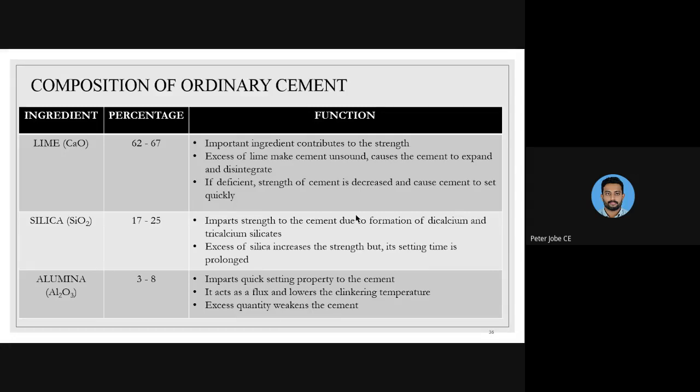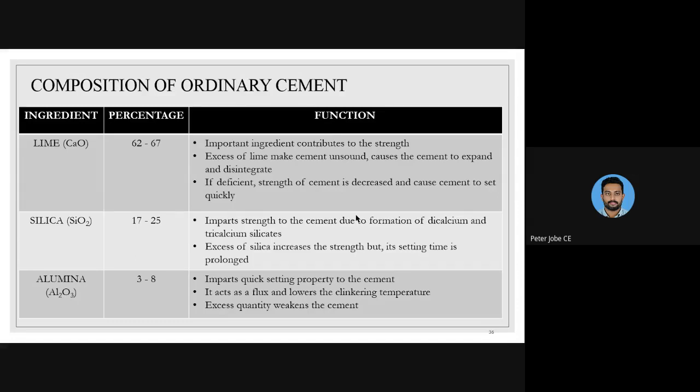You know that the density of water is 1000 gram per liter, so 1 liter will weigh 1 kilogram. So if you want to mix 1 kilogram of cement, we can just add 0.5 liter of water.